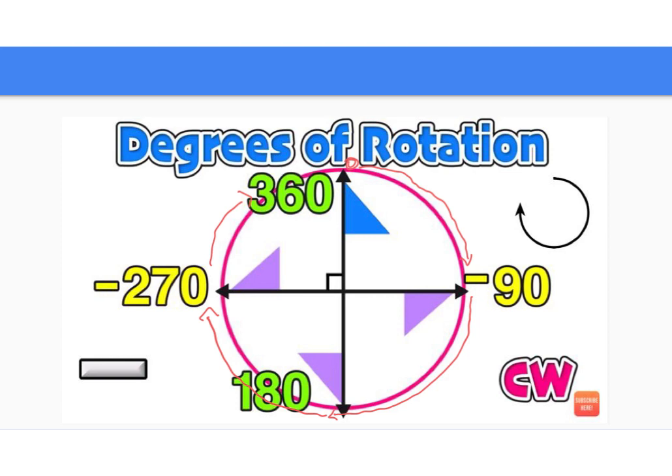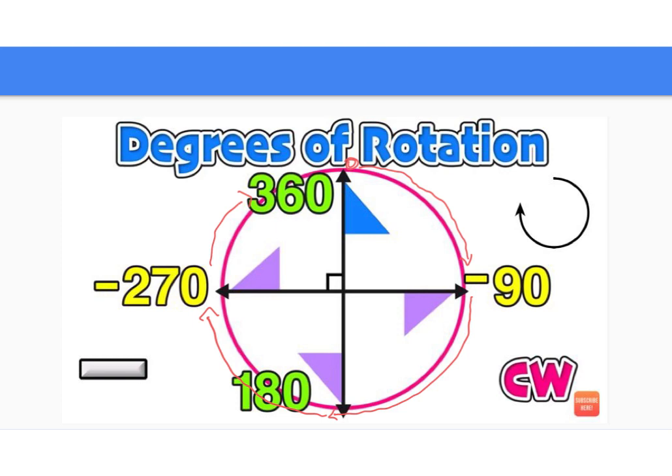If we're doing a degrees of rotation clockwise, we would take that as a negative 90 degree rotation. So if I didn't tell you it was going clockwise and I just said negative 90 degrees, that means I would be going clockwise.